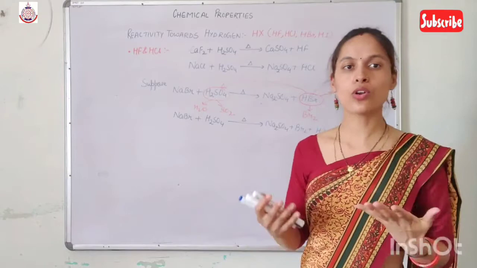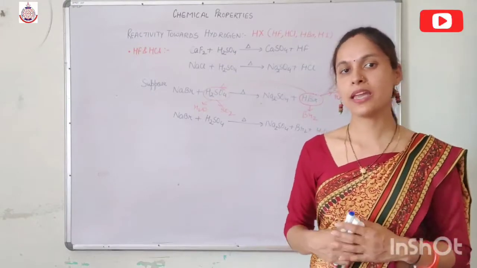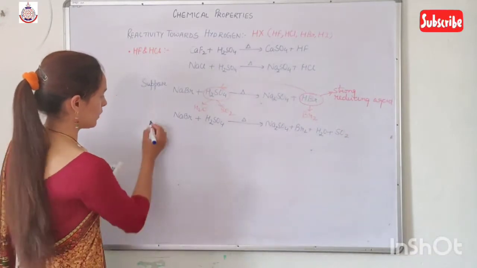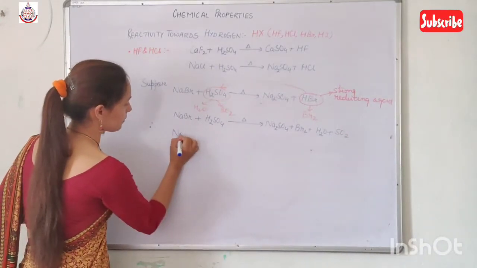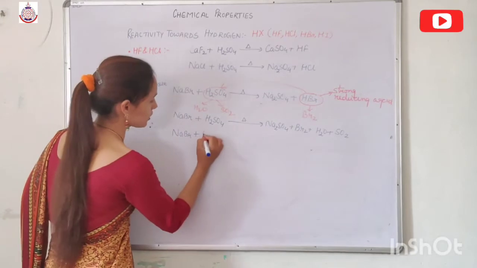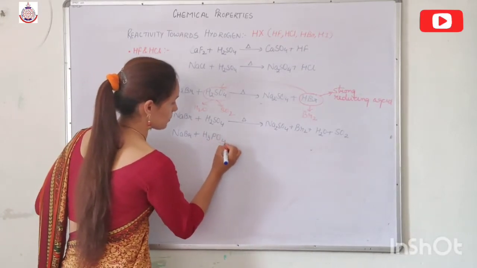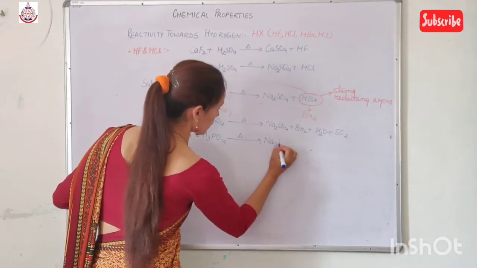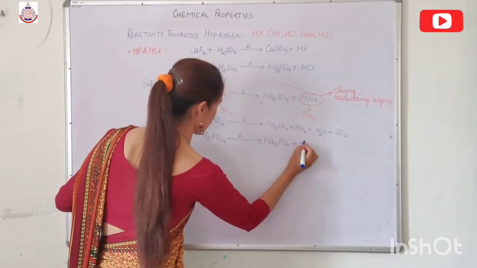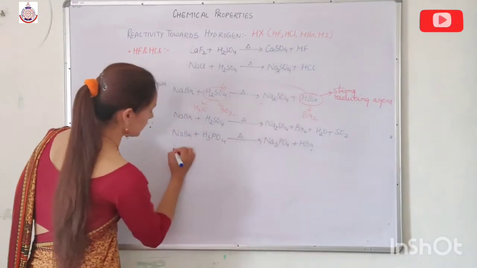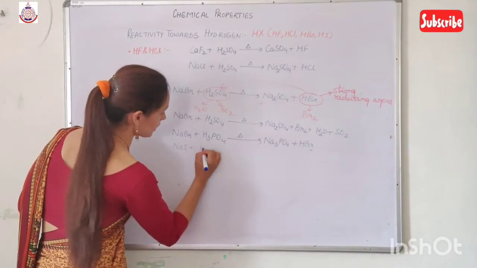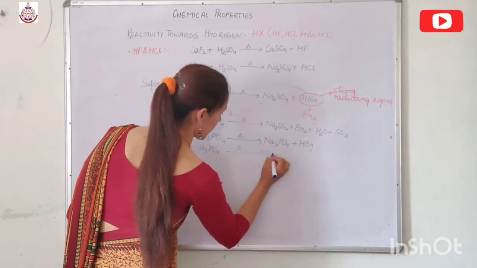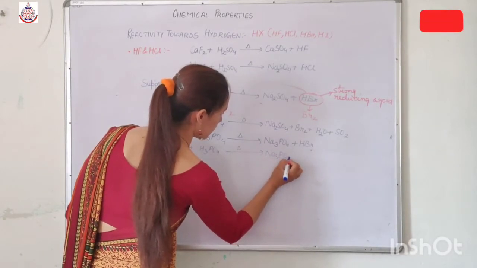If I use a non-oxidizing acid, I can prepare HBr and HI. Therefore NaBr on reacting with H3PO4 upon heating gives Na3PO4 plus HBr. Similarly, NaI plus H3PO4 on heating gives Na3PO4 plus HI.